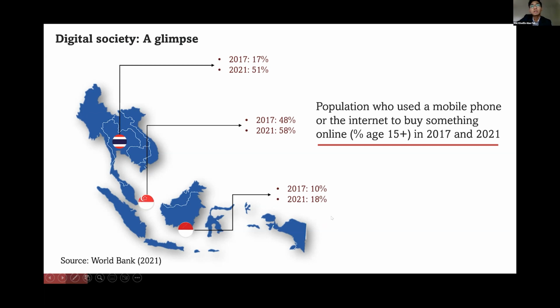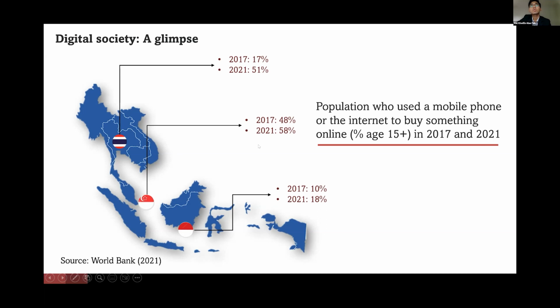In Indonesia, around 10% of the population used a mobile phone or the internet to buy something online, with a slight increase in 2021 to around 18%. In Thailand, in 2017, 70% of the population used a mobile phone or the internet to buy something online, and in 2021 it is around 51%.